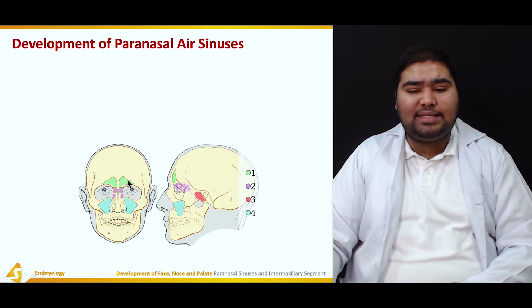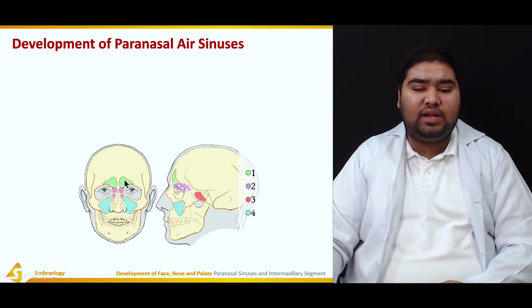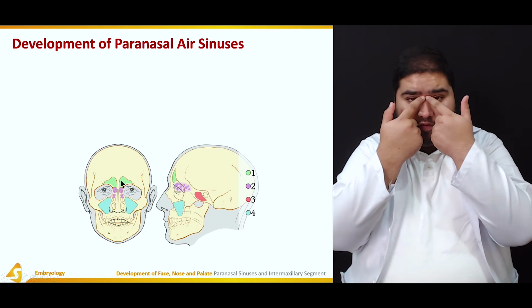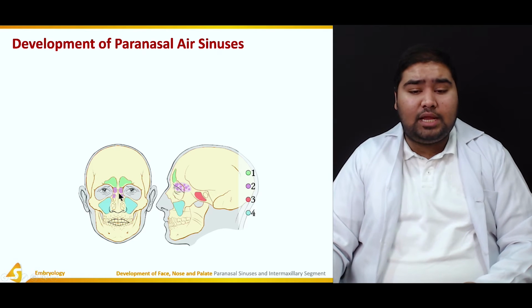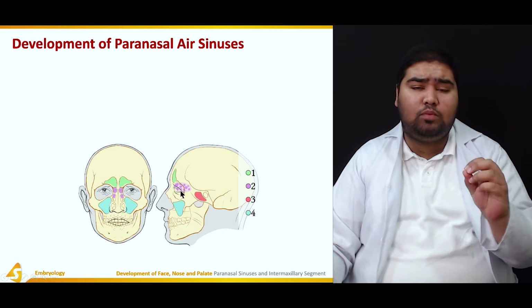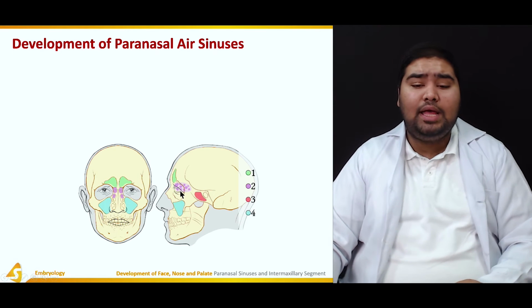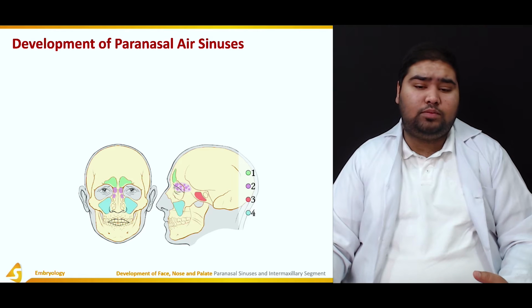So at this point, let's refer to these paranasal air sinuses and see what they actually are. These in green lie in the frontal bones, so are known as the frontal air sinuses. These are two air sinuses lying in the frontal bone. These in purple are various multiple small cells. These are known as the ethmoidal small cells because they lie in the ethmoid bone.